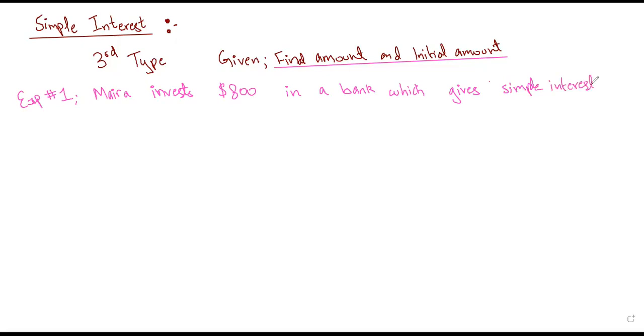Now, this is extremely important to understand, the fact whether it is simple interest or compound interest, right? So you would be told if it's simple interest or compound interest, you'll be knowing the type.